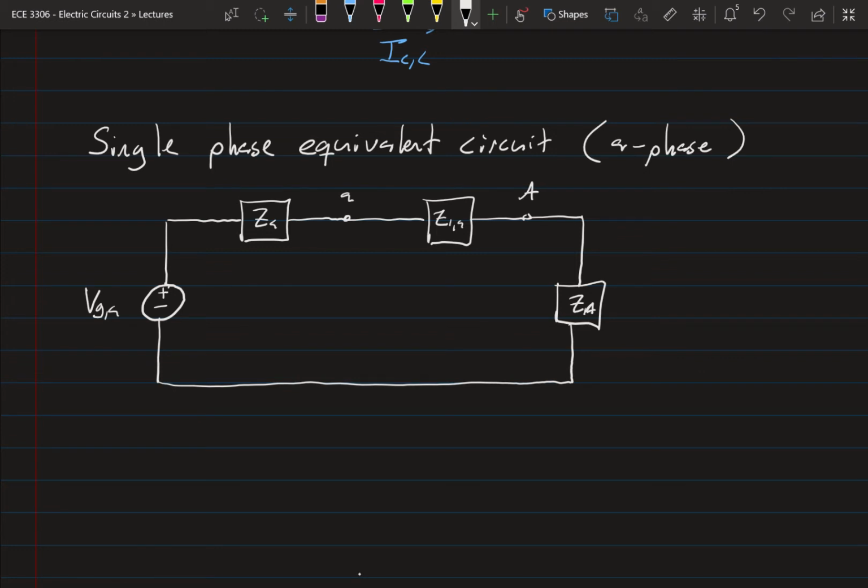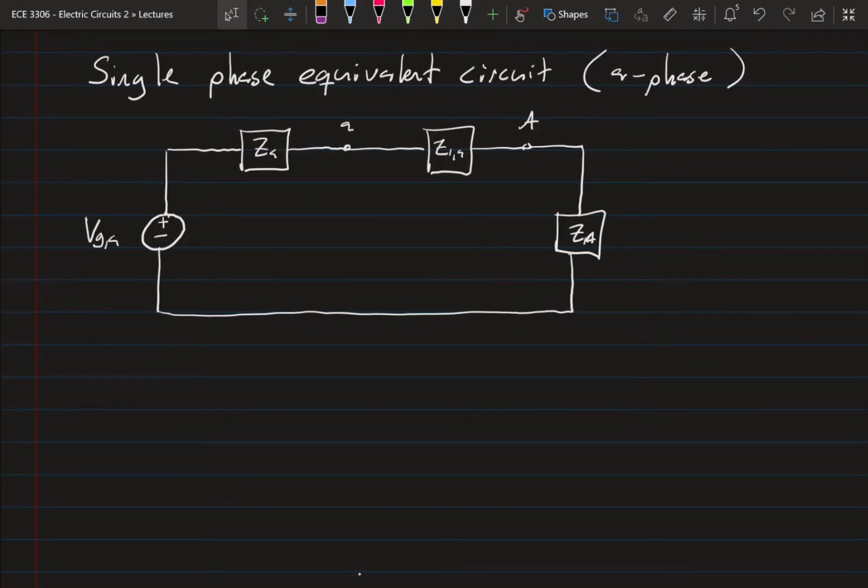Now the catch here is, what is ZA? Turns out there's a very simple equation for calculating that. ZA is just equal to that Z delta divided by 3.